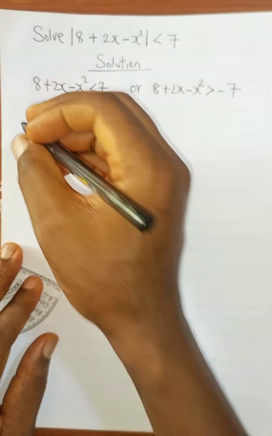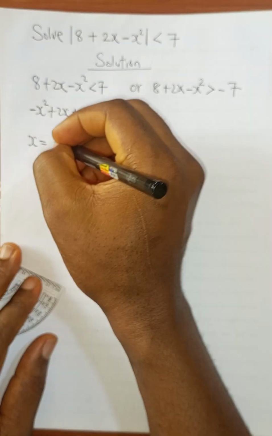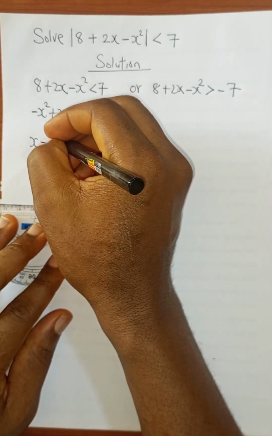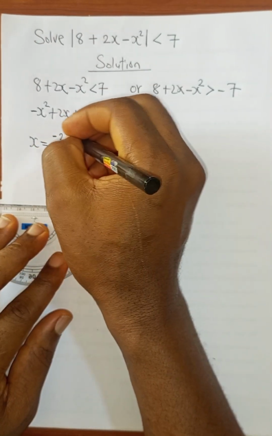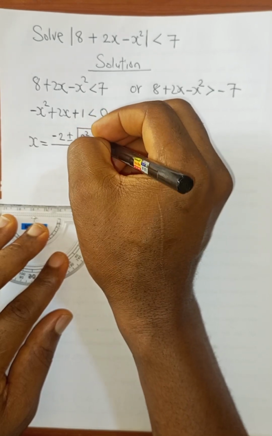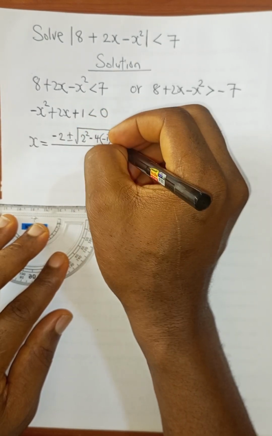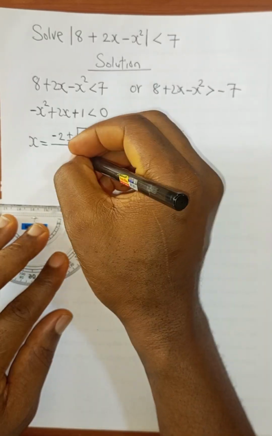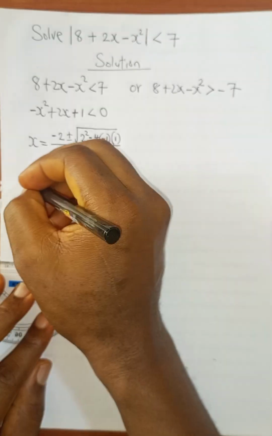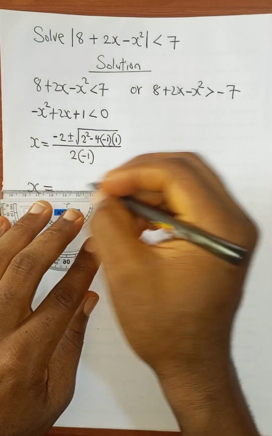Solve for s. We use the formula method, of course. We have s equals minus b, that is minus 2, plus or minus the square root of 2 squared minus 4ac. a is minus 1, c is 1, over 2a, that is minus 2. So what do we have there?